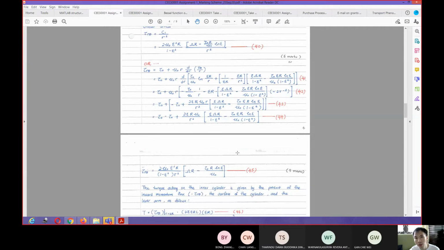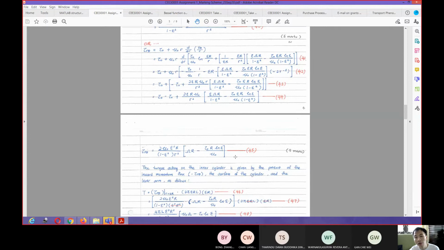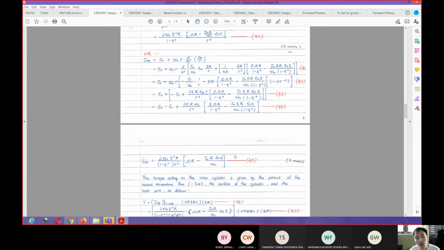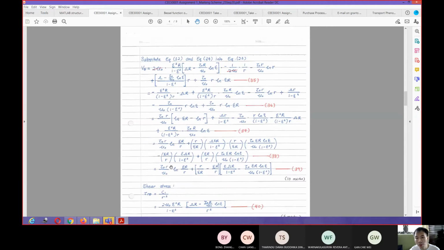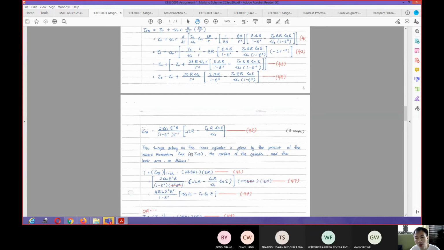Try to make your writing as neat as possible, because otherwise I will have difficulty judging whether it is correct or not. Then you will get these final expressions of the shear stress. Once I give you this velocity profile, it's easy for you to derive the shear stress.